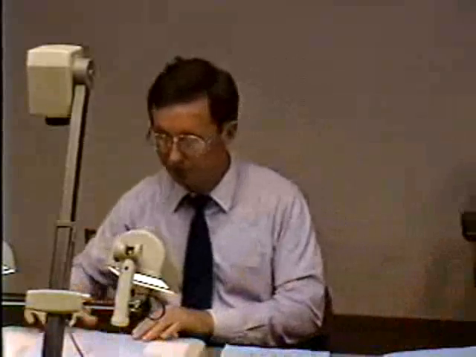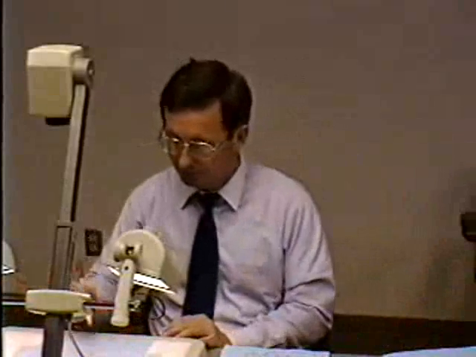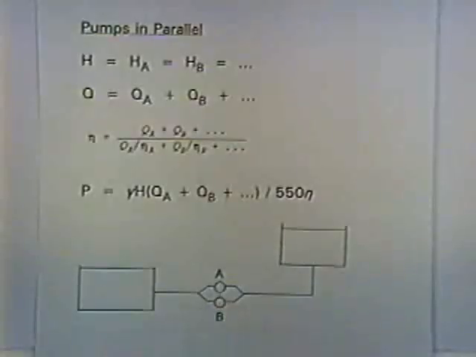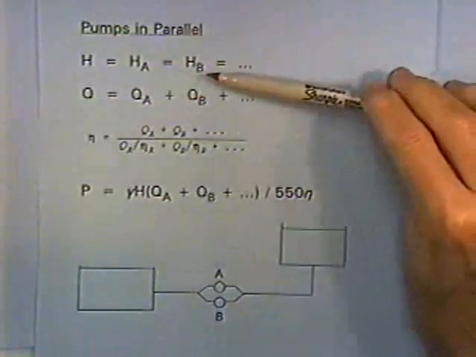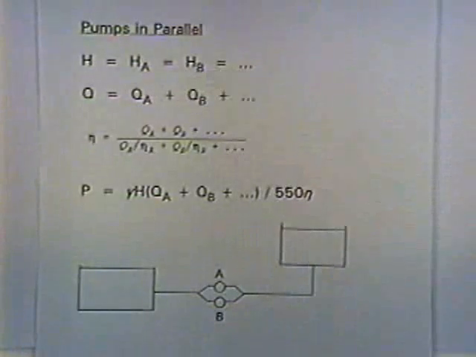Now for pumps in parallel, the relationships would look like this. If you put the pumps in so that you had them side by side instead of one behind the other, the head across pump A would be the head in pump B. The heads would be the same in the two pumps, the pumping heads.